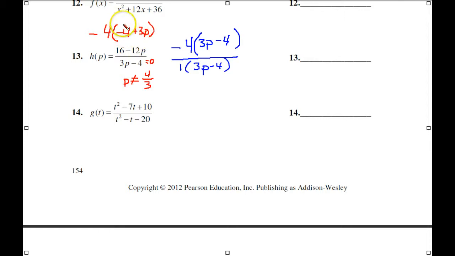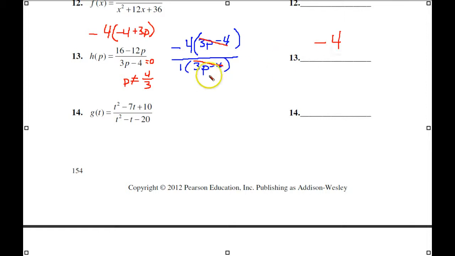And if I use the commutative principle to switch these two around, I end up with this, which is now exactly the same as my denominator. So I can cancel these out, and I'm left with a negative 4 over 1 that I just write negative 4.